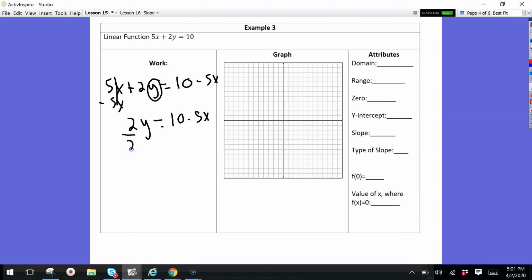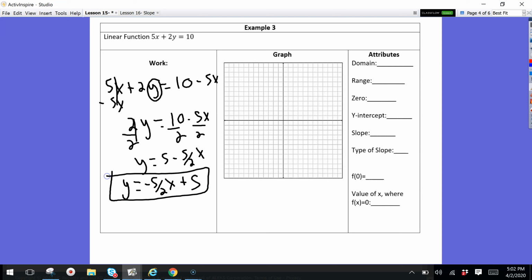And then we have to divide both sides by 2. So I have that y is equal to 5 minus 5 over 2 x. Our equation is not really written in proper slope-intercept form because my slope is at the end and my y-intercept is coming first. So let's switch those. So we have y is equal to negative 5 over 2 x plus 5.